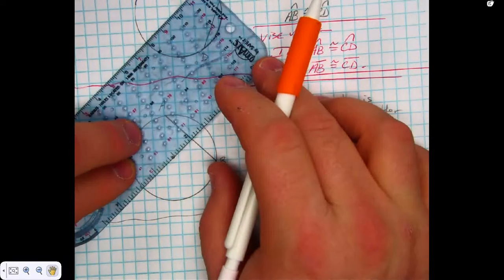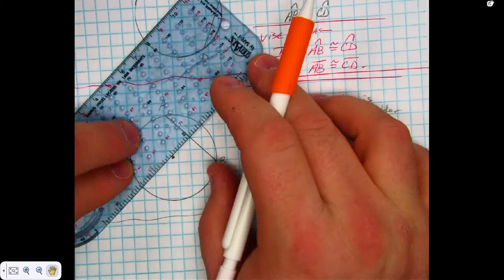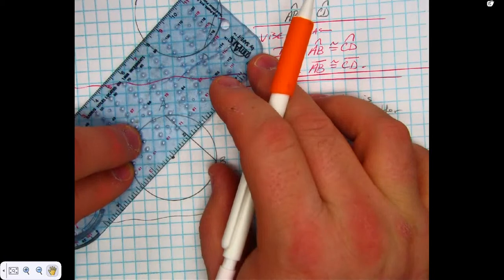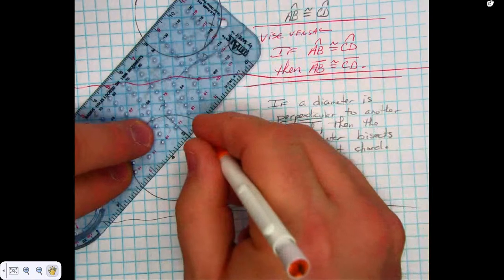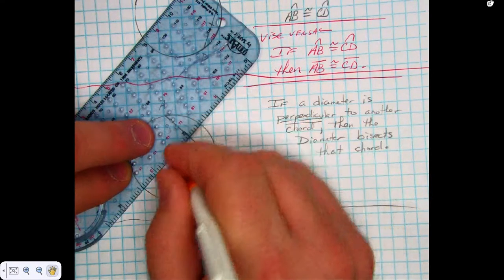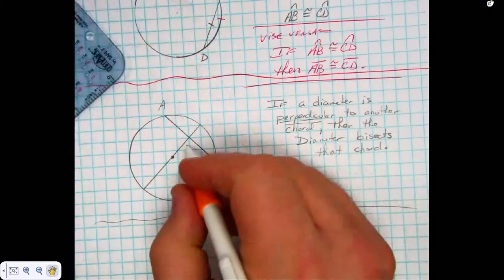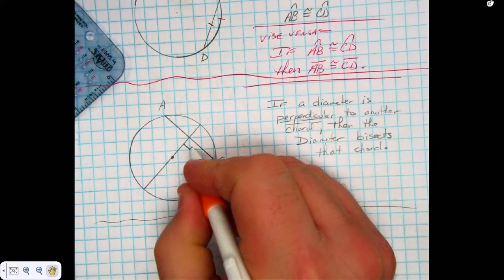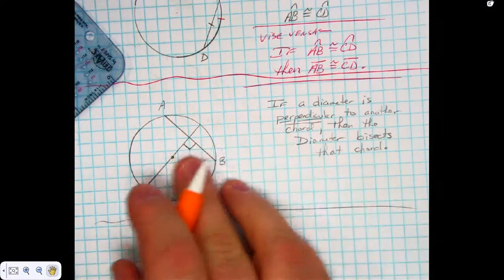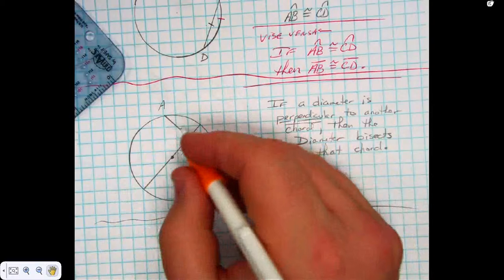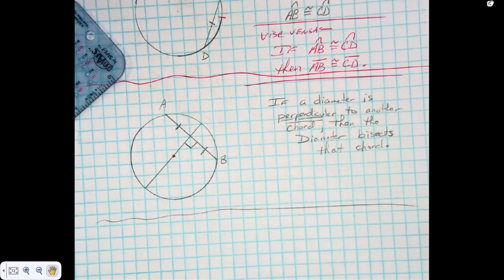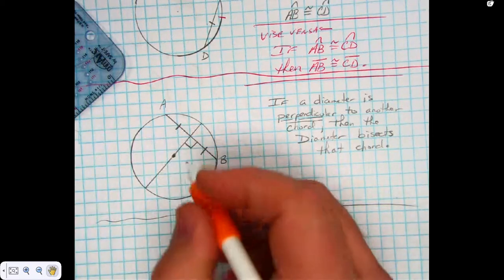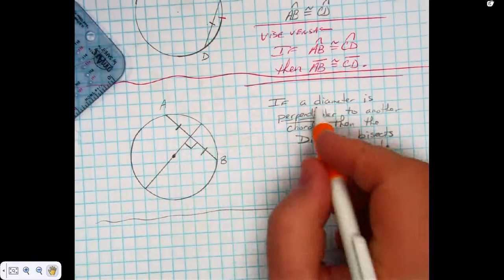How about right there? Is that a 90-degree angle? What does it look like it does, at least? So do you see how if that diameter, once it gets to 90 degrees, it does what to this chord? Cuts it in half. So the things that have to happen: one, it has to be a what?